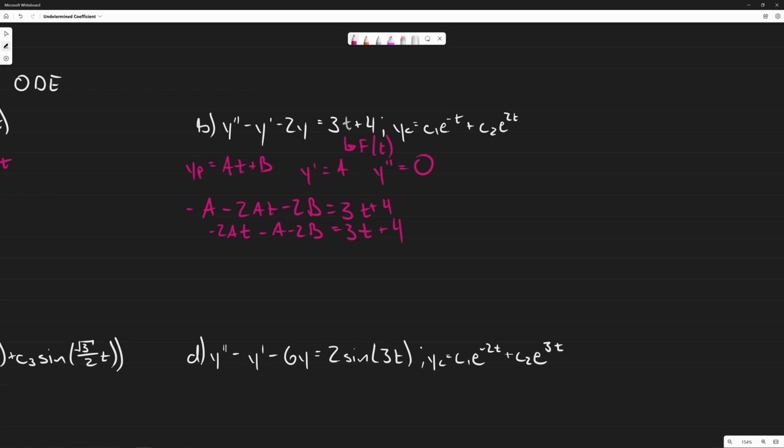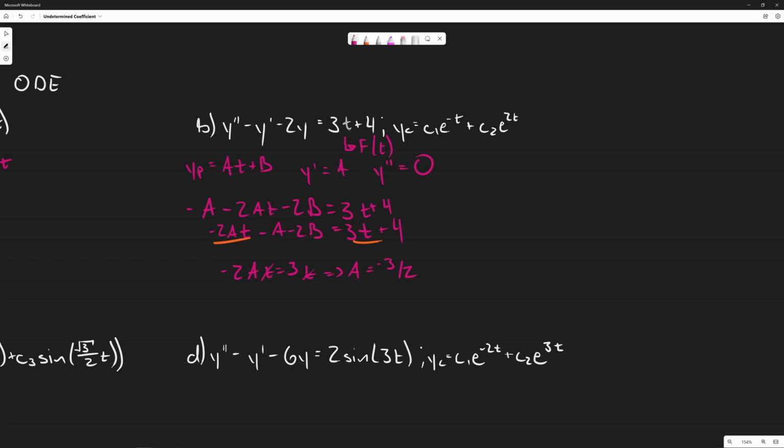So what do we do now? Well, the 2at and the 3t have to equal each other. So negative 2at is equal to 3t, making the t's cancel out, a equaling negative 3 halves.